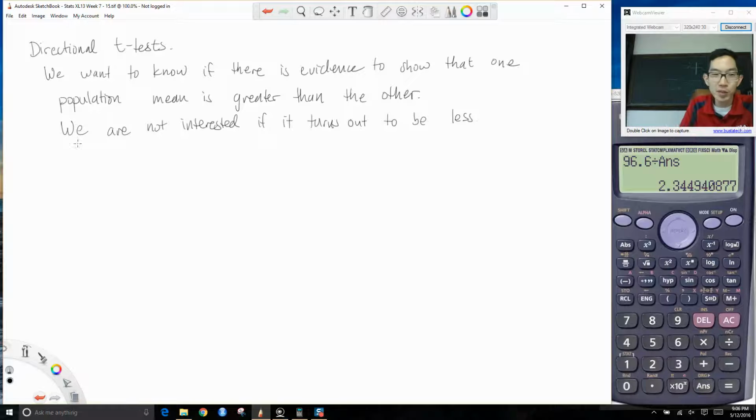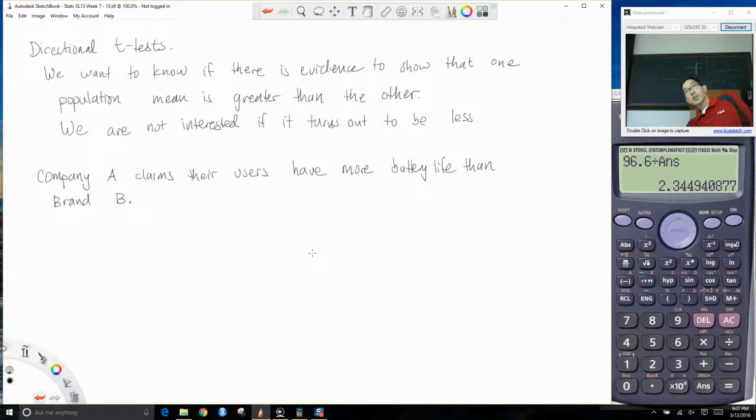So we'll say company A claims their users have more, I don't know, battery life than brand B. And in this case, we're going to have sample 1, which will be company A, and sample 2, which will be brand B.